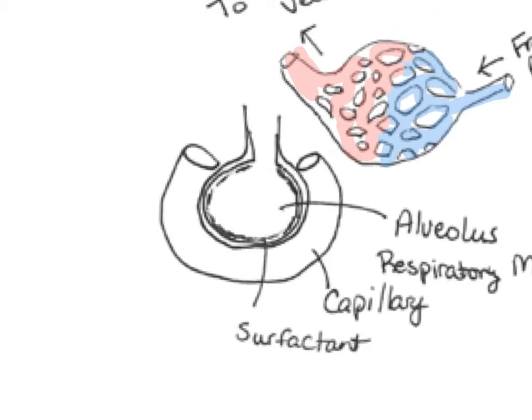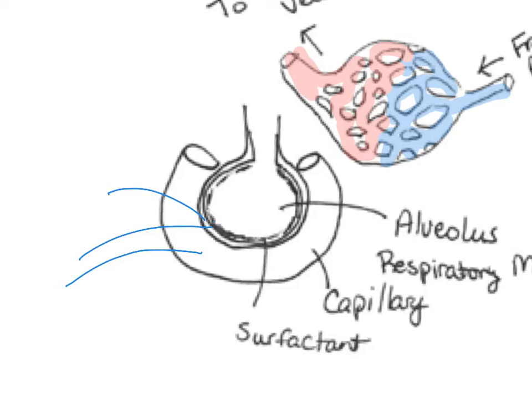One of the things we know about is pneumonia. When we're looking at the respiratory membrane, it includes the lining of the alveolus, a basement membrane, and the lining of the blood vessel.